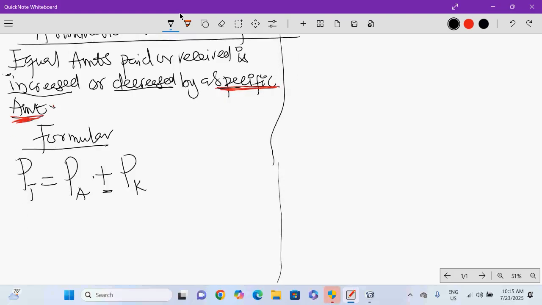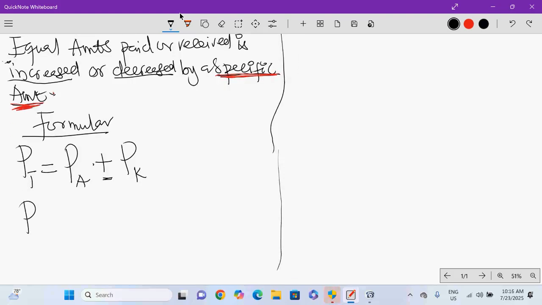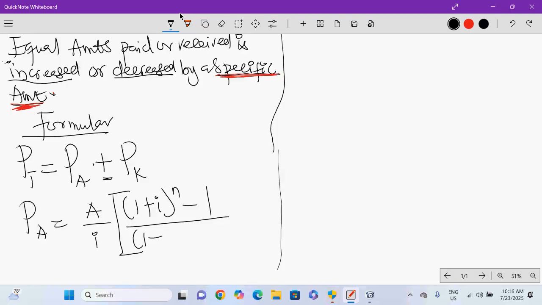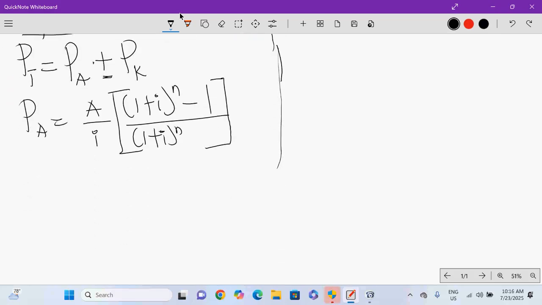The present value of annuity is the same present value that we know: A over the interest, all over 1 plus i exponent n minus 1 all over the same 1 plus i exponent n, brackets close. And this is always at the end, so we don't bring the 1 plus i by n.